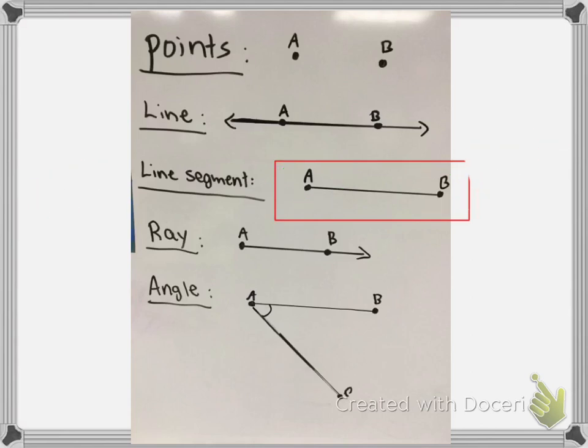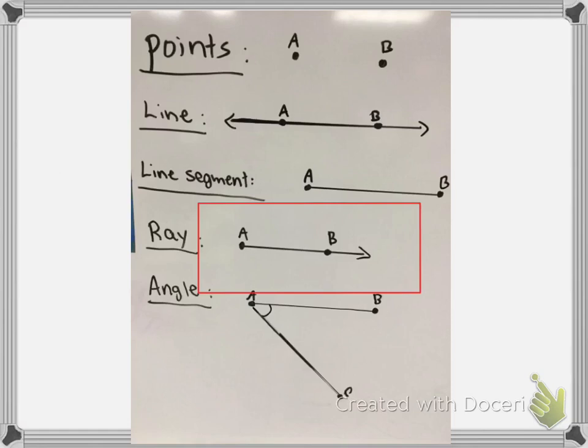A ray is a line that starts at a point A and will go through a point and continue in one direction forever. You can see that arrow represents that the line is continuing past the point B and continuing on.